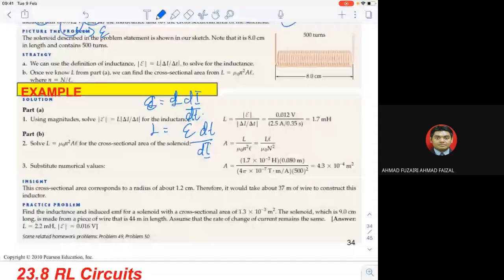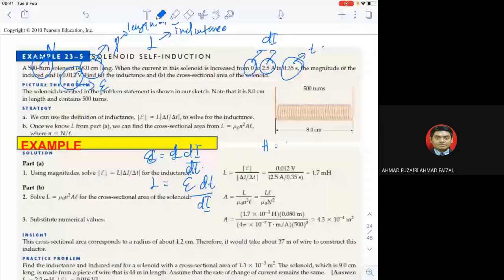The unit for inductance is H, which stands for Henry, capital H. So in this case, we get 1.7 millihenry.